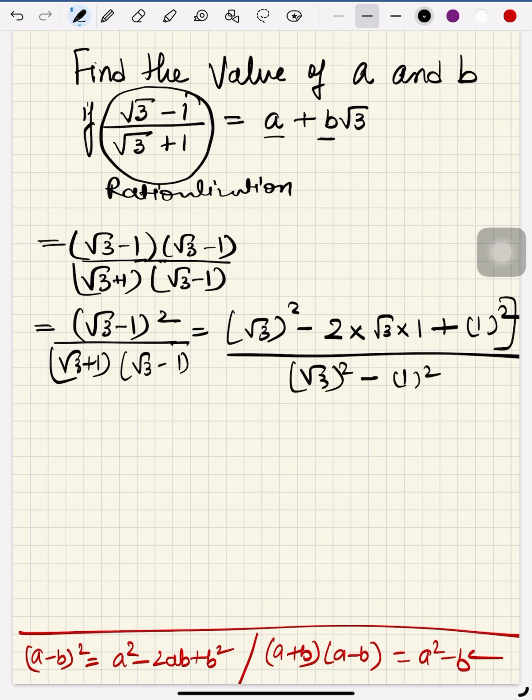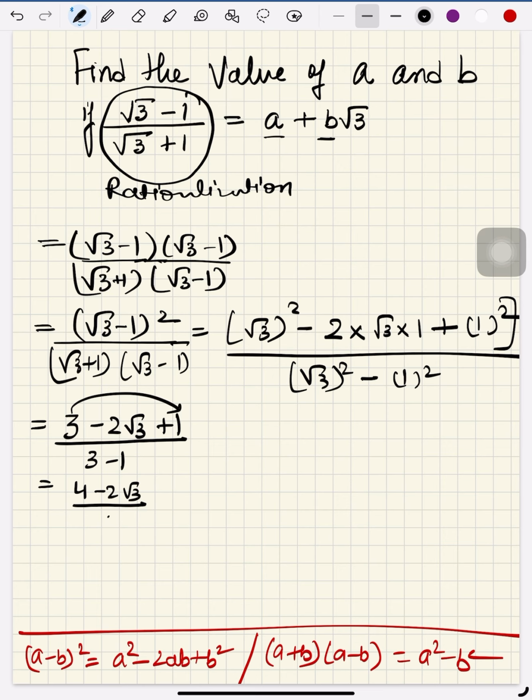Now let's simplify, which gives root 3 whole square is just 3, minus 2 root 3, plus 1, over root 3 whole square is just 3, and 1 square is just 1. So that gives us 3 plus 1, 4. So 4 minus 2 root 3 over 3 minus 1 is 2.